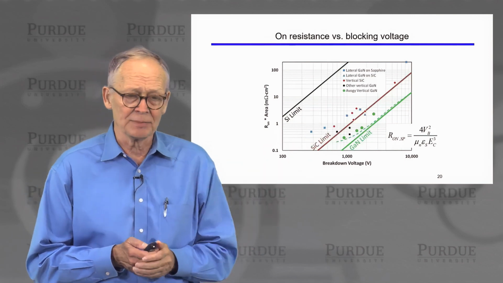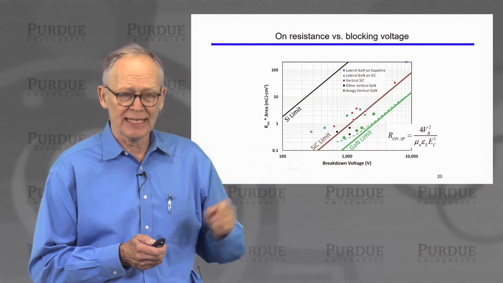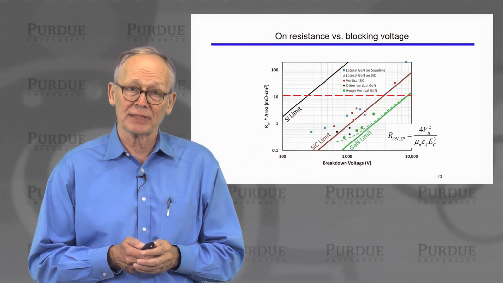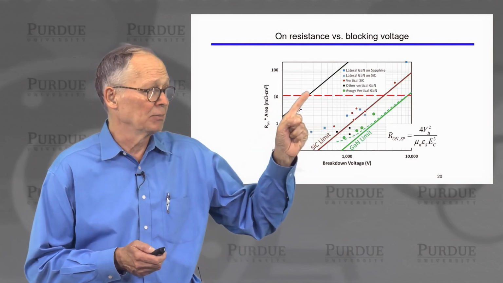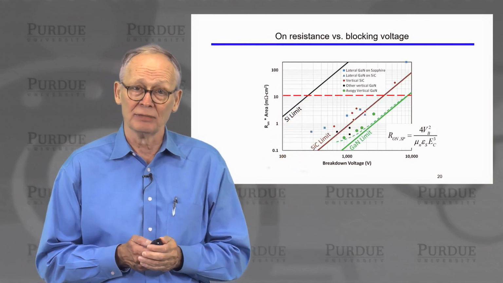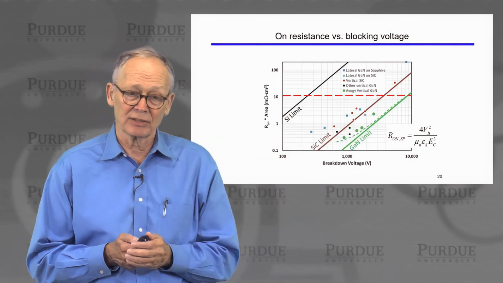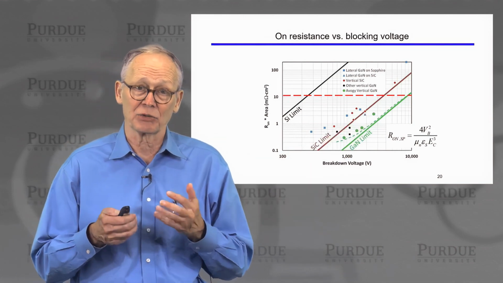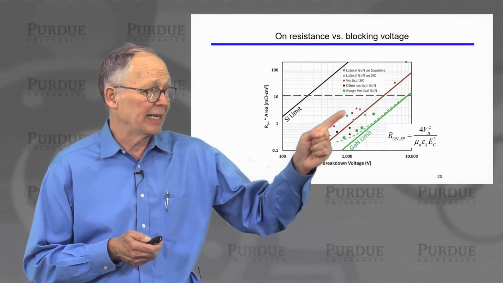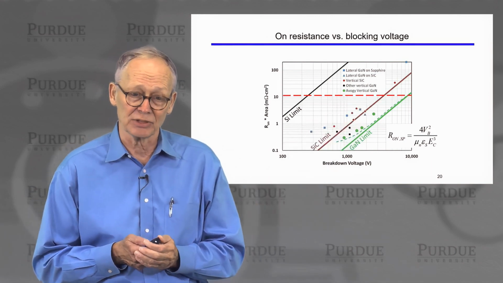So this is the bottom line. This result shows some trade-offs. For example, if I desire a specific on resistance, I can plug numbers into this relation and tell what breakdown voltage I would achieve. If I have a semiconductor like silicon carbide that has a much higher critical field for breakdown, I can achieve the same on resistance at much, much higher breakdown voltages.